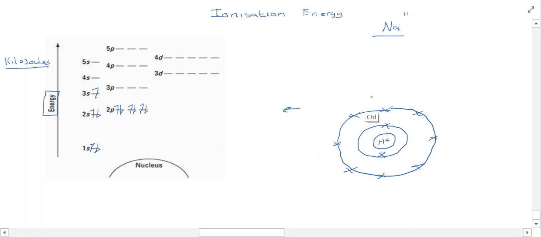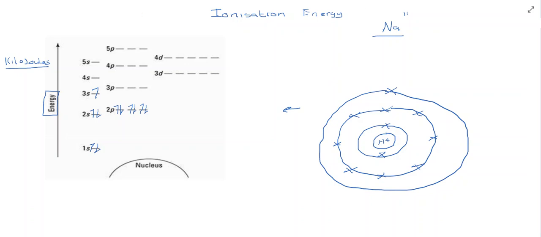Let's make that one a bit better. You can have something like this, and this is just very roughly drawn. We know that each of these are energy levels, so this would be N equals 3, N equals 2, and then N equals 1.